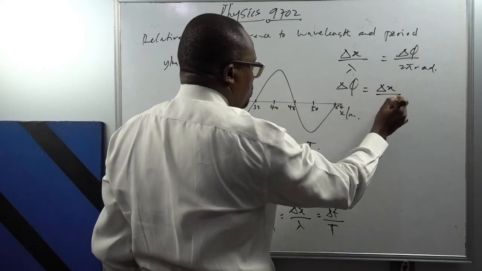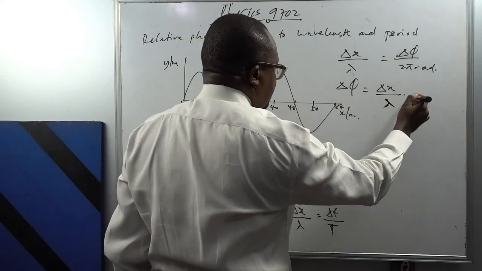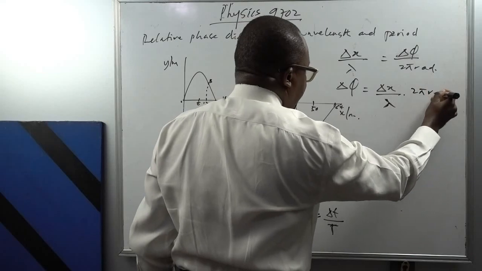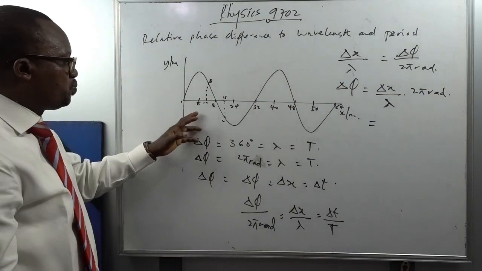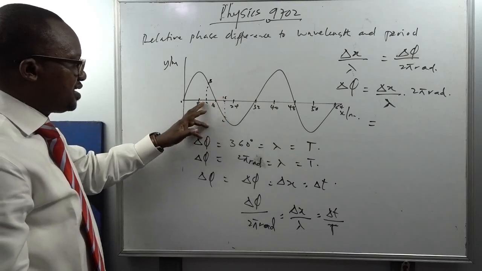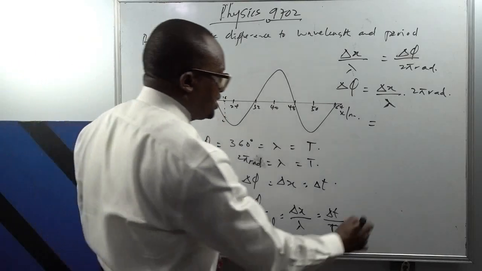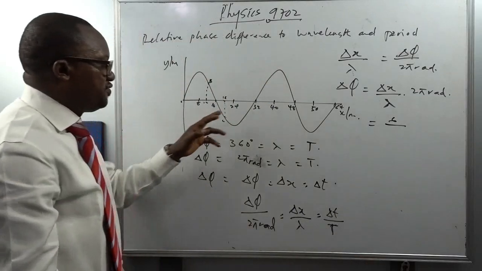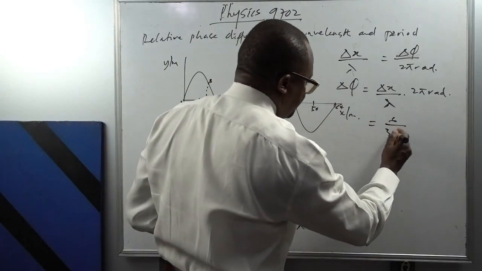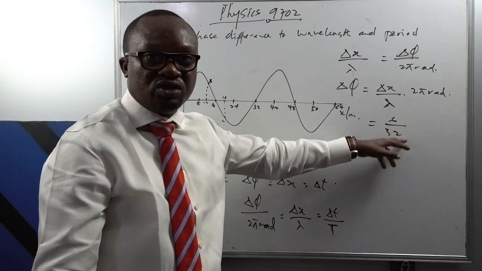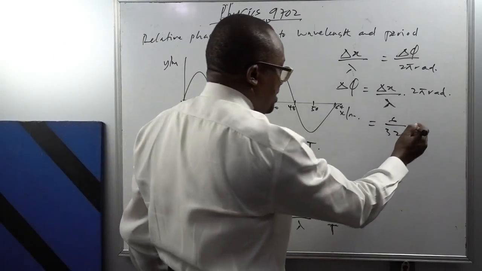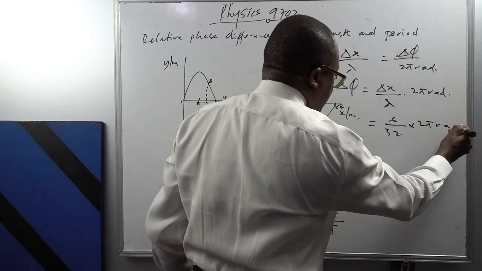The distance shift between those two points over one wavelength multiplied by 2 pi rad. In this case, the distance shift between those two positions is 18 meters minus 12 meters, which is 6 meters. The wavelength is 32 meters. You can see that I did not bother to put units because this is a fraction, so the units cancel out. Multiply by 2 pi radians.